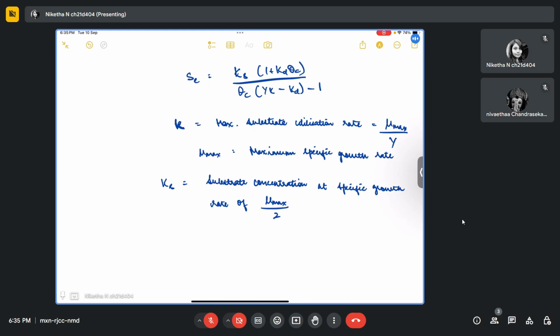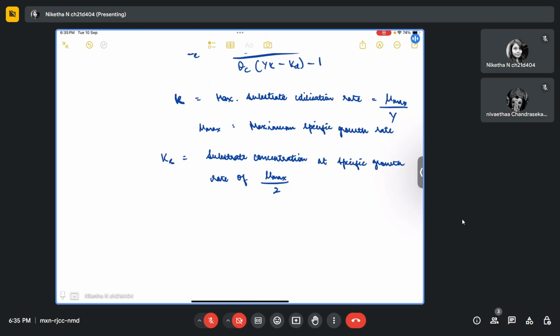So exactly when the specific growth rate is the maximum specific growth rate divided by 2, we take that peak value and divide it by 2, and the corresponding substrate concentration is going to be called Ks.